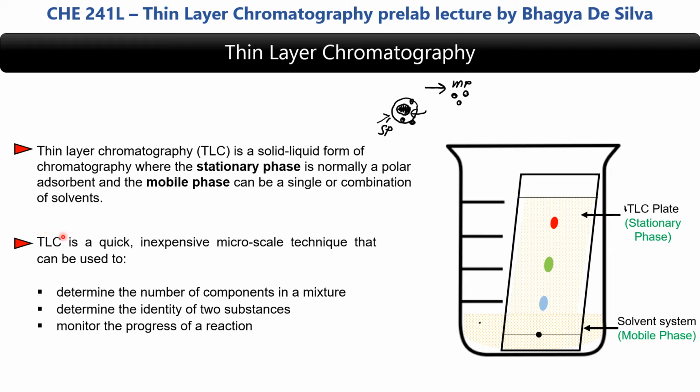So TLC is a quick and inexpensive microscale technique that can be used to determine the number of components in a mixture. In this example image, the compound applied onto the TLC plate was actually a mixture of 3 different organic compounds, and by doing a TLC we were able to visualize that.